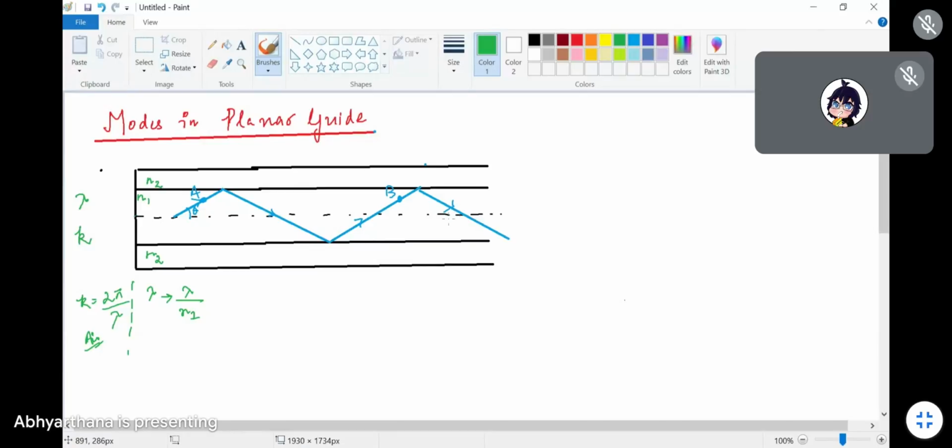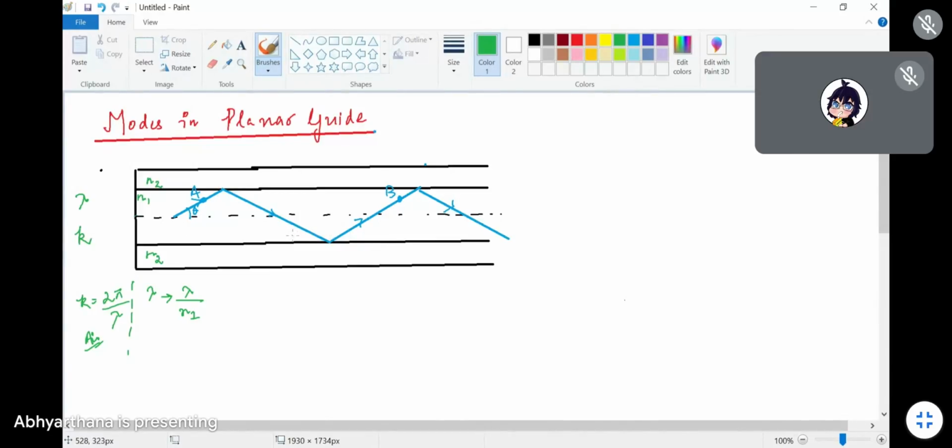In a similar manner, in order to not lose the signal and to have transmission, the refractive index of the other medium should be less than that of this medium. That's why a core is constructed, and that's why a cladding is constructed. The refractive index of the cladding is lower than that of the core so that the light gets reflected. So the light is supposed to travel in the core only, not in the cladding.